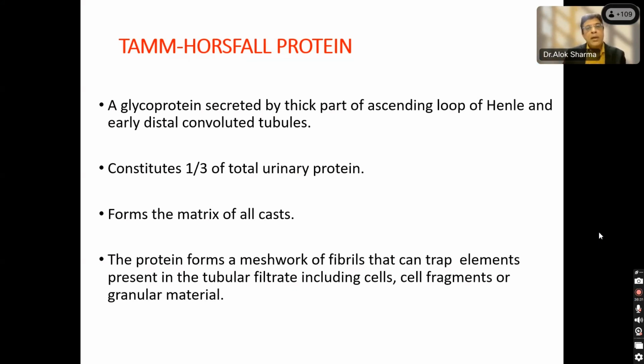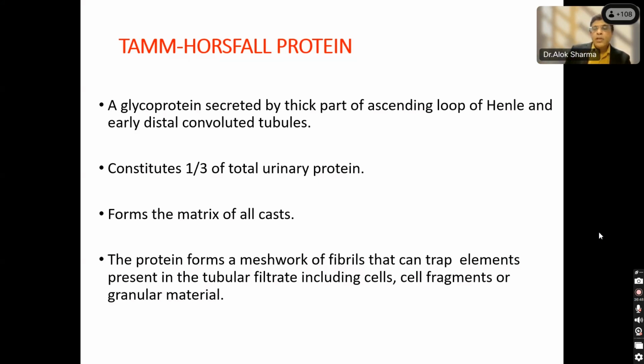If you look at the urinary protein, this particular protein constitutes almost one third of the total urinary protein and, as I've told you, forms the matrix, the skeleton of all the casts.